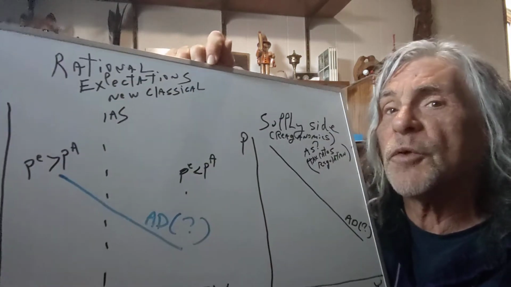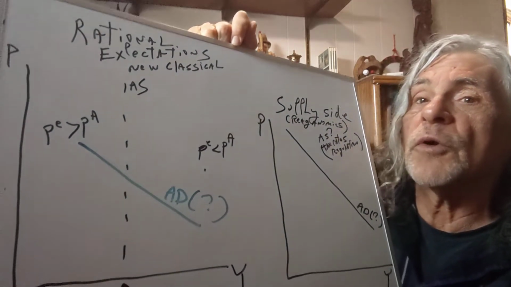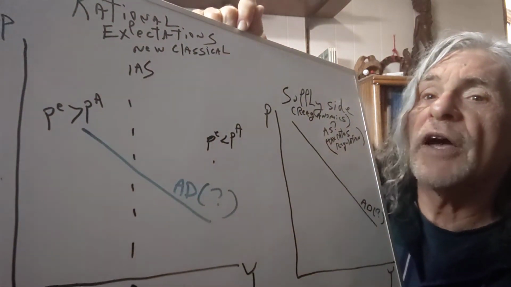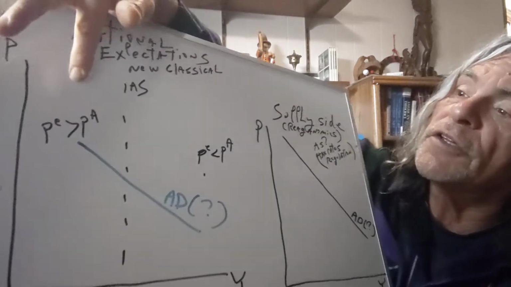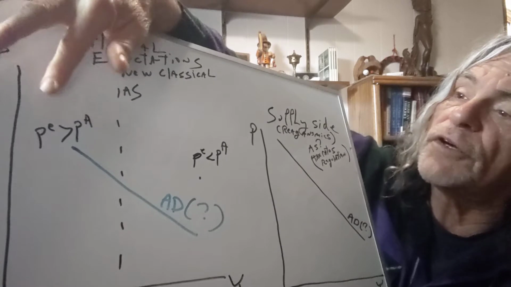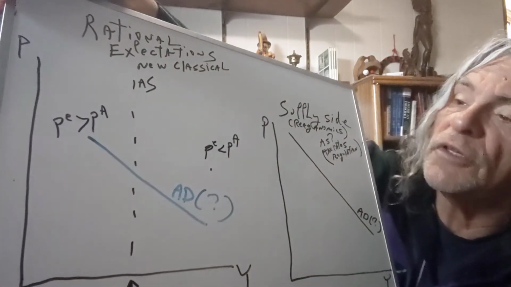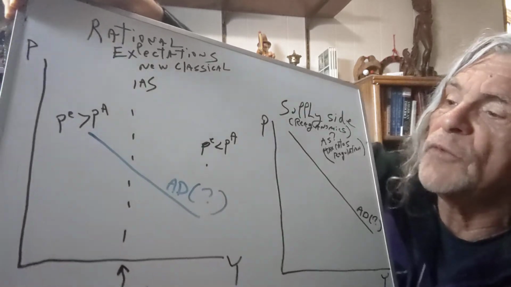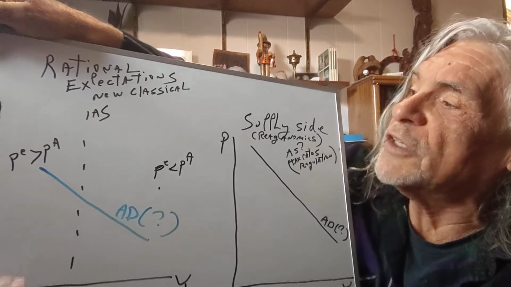If the expected price level is less than the actual price level. In other words, workers underestimate what the true price level is. And then you're going to be on this side over here when the expected price level is greater than the actual price level. So that's the essence of rational expectations.